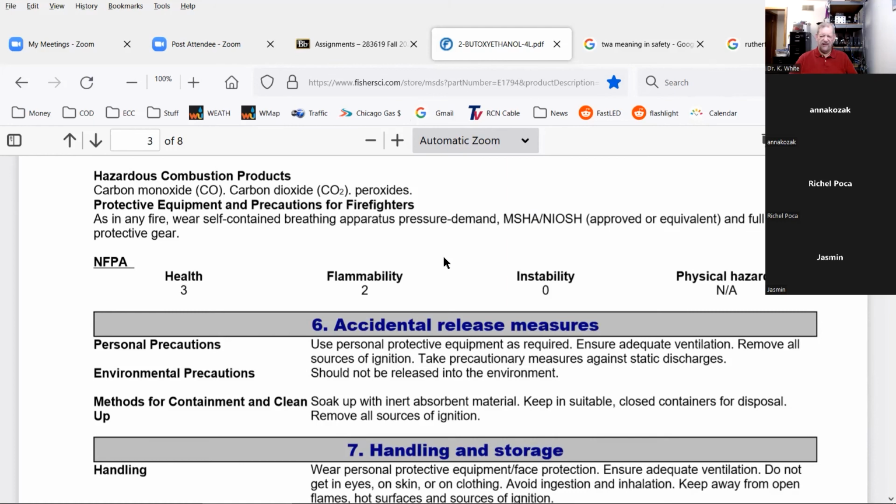Thank you, Rochelle, Jasmine. In this lab, I'm going to be asking you to look up some MSDS sheets, and look at only the health rating. The higher the number, the more hazardous it is. A 3 tells you it's pretty hazardous, 4 is really hazardous. And notice it's got somewhat flammable. If we're up at 3 or 4, then I'd really be safety concerned. But this tells you it's somewhat hazardous.